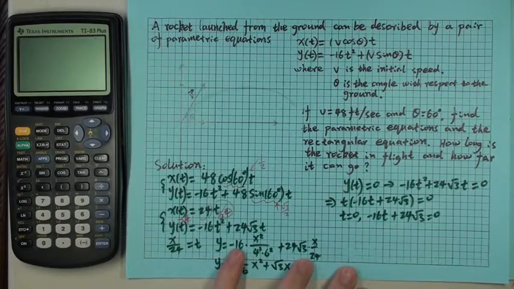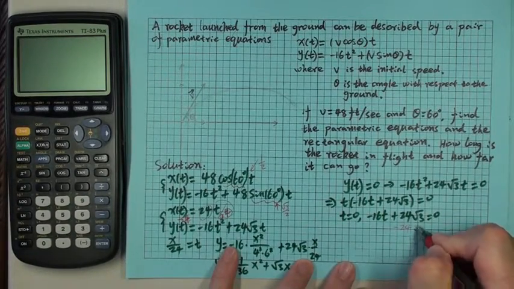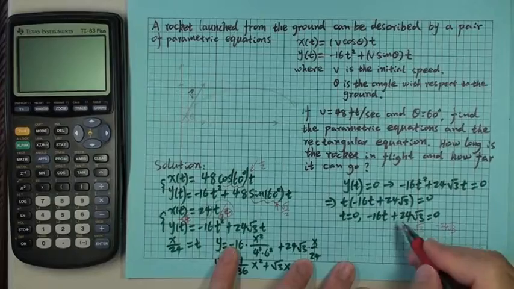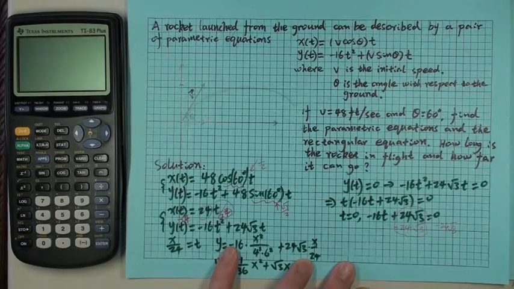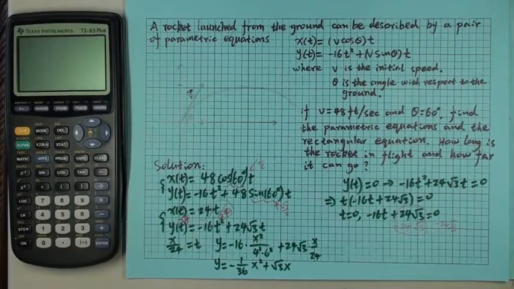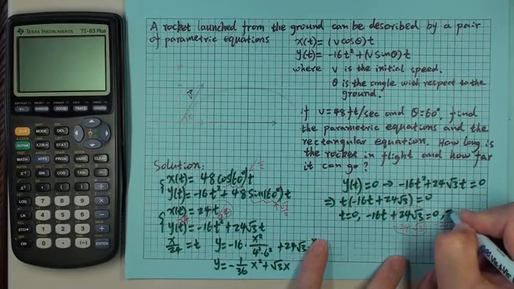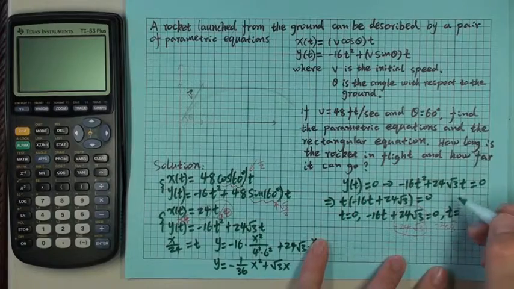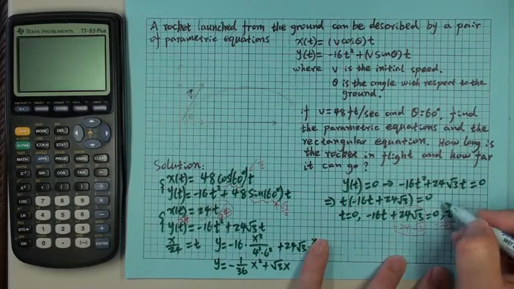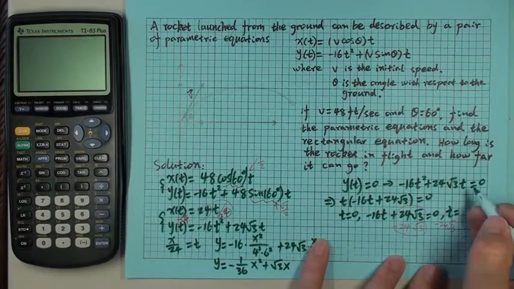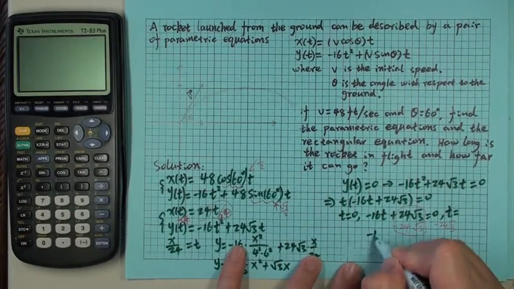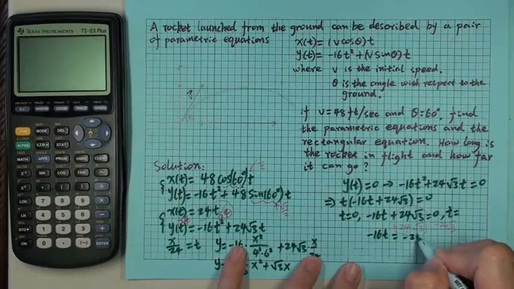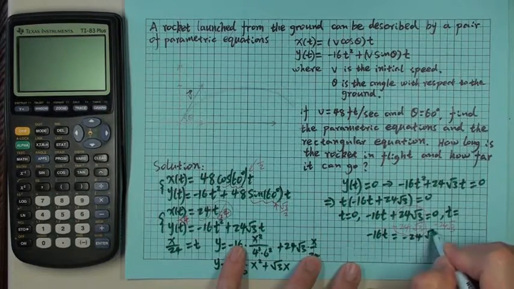For the other, negative 16t plus 24 radical 3 equals 0, you subtract 24 radical 3 on both sides, so negative 16t equals negative 24 radical 3.